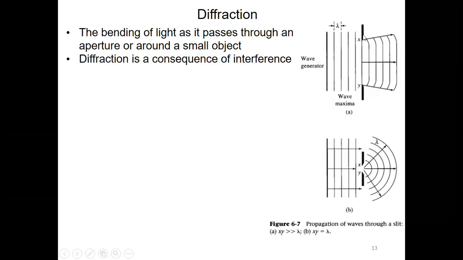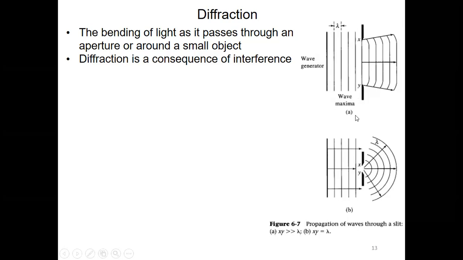When there is an aperture, hole, or slit, it will go through it, but it will diffract. The light will bend. And the extent of bending depends on the size of this slit or aperture, right?